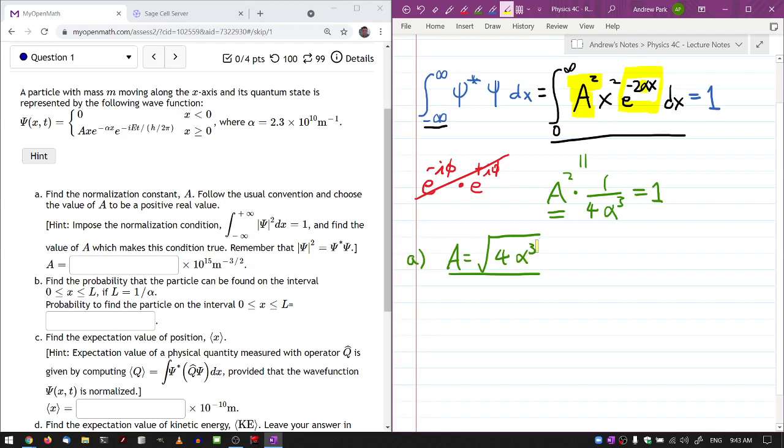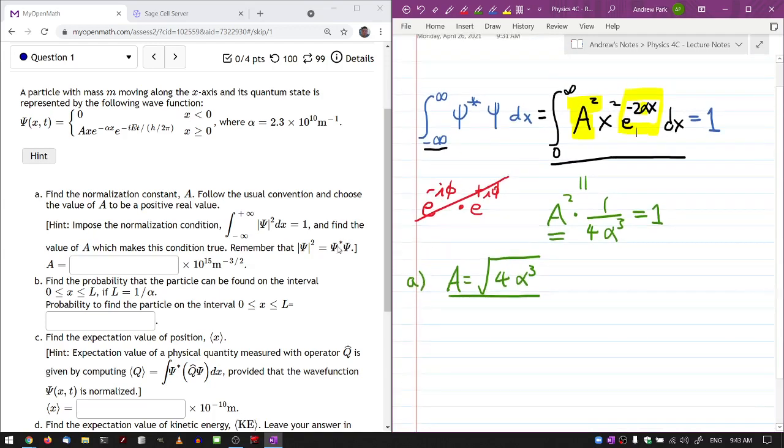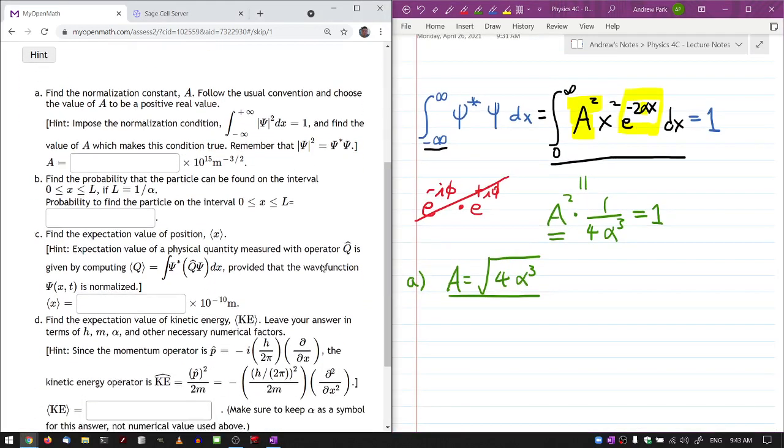So alpha to the third power should have unit of meter to the minus third, and take the square root. So that matches the unit here, meter to the minus 3 half. So everything is probably correct. All right, let's look at part B.